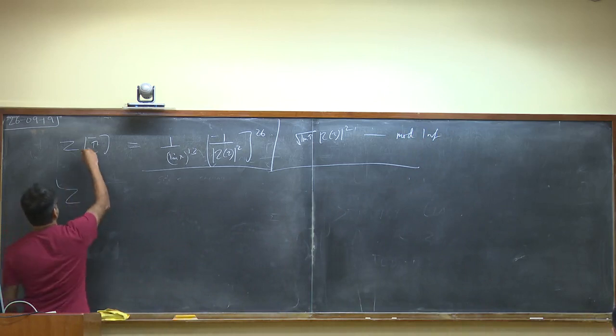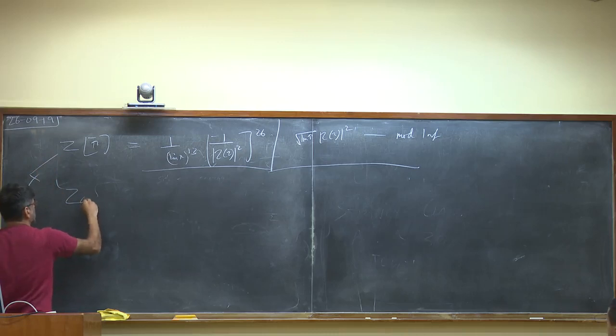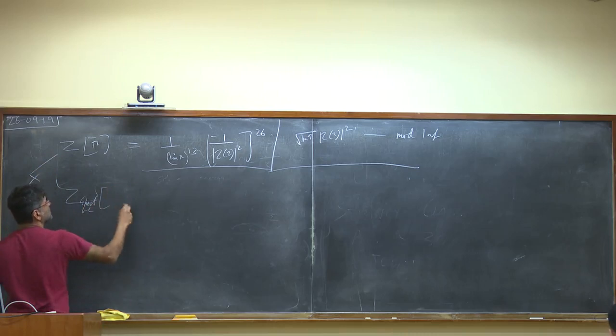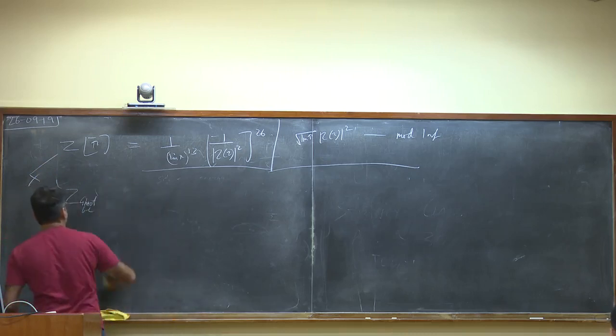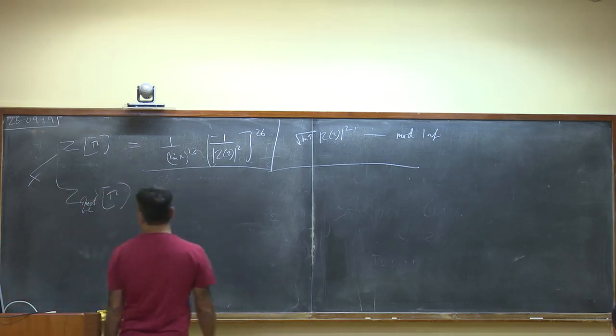We'd also computed the X part, and then we'd also computed the ghost, so the bc system. And we had got, I'll report, we did something wrong last time, I'll correct it. But what had we actually got?